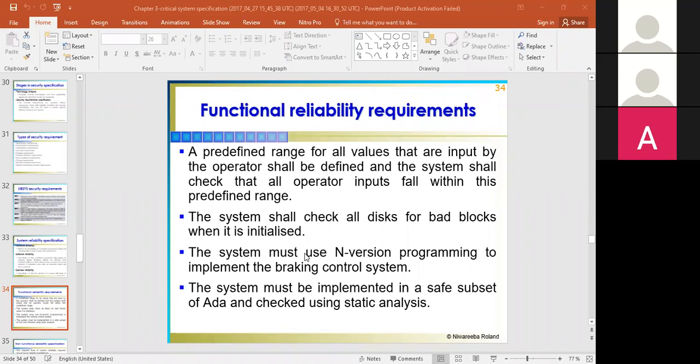So you can see here it's really about the general functioning of the system. But for a more direct definition, functional requirements are those which define the system and software functions that avoid, detect, or tolerate faults in the software, and so ensure that these faults do not lead to system failure. Let me see on which page the definition is.